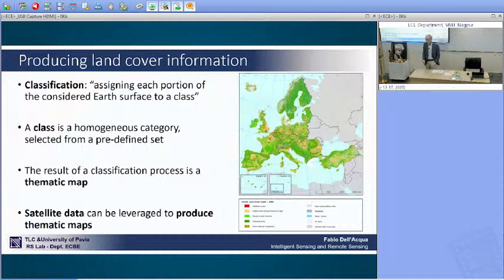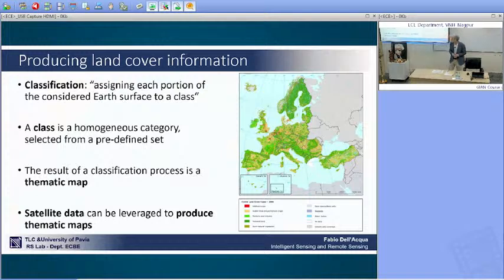It's a subset of geospatial information where for each portion of the area that I'm looking at, I can identify a class. Okay, that's a thematic map. So it's not necessarily a map in the sense that I look at it and it looks like a map. When I say thematic map, I mean the result of a classification operation, of a land cover classification operation.